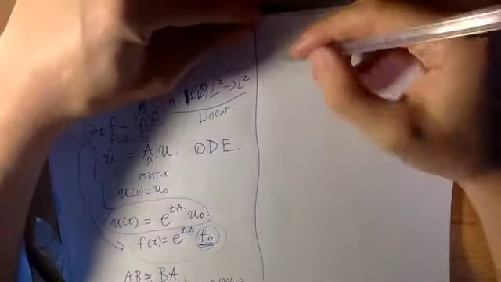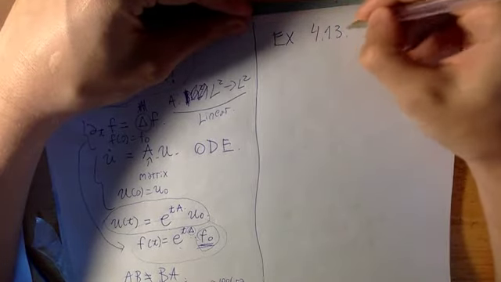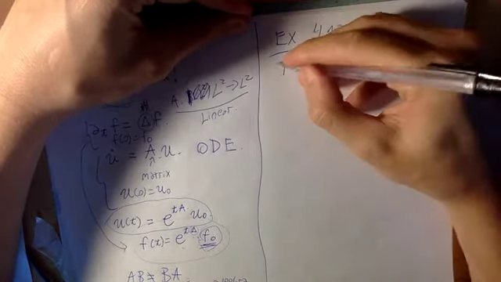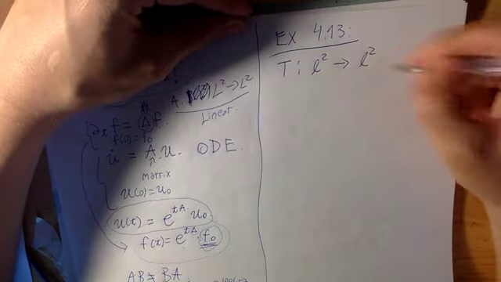Okay, so let's finish this somewhat short class with an exercise of the book. This is exercise 4.13, and here we are considering T going from little l2 to little l2.